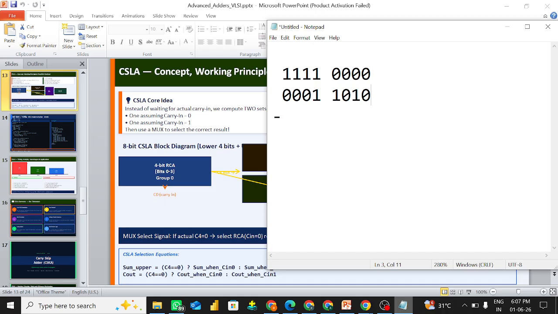This CSLA doesn't calculate everything. It just checks the probabilities: either I get a 1 or I get a 0, right? So it performs on both conditions. This is how we define the possibility of generating that particular carry.